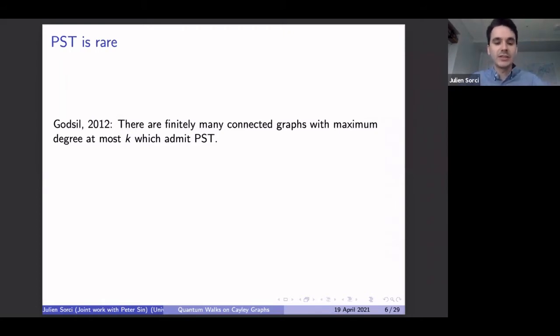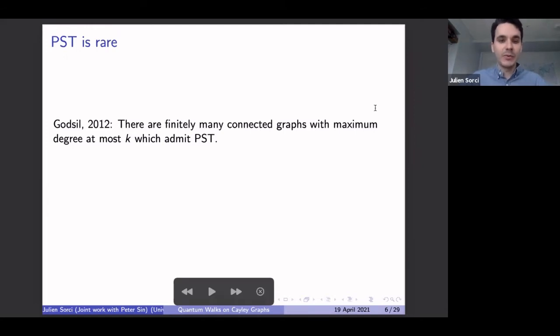So Chris Godsil showed that if I fix a positive integer k, then there are only finitely many connected graphs with maximum degree at most k, which admit perfect state transfer. So this means that once I bound the maximum degree of the graph, there are only finitely many graphs with that maximum degree that will admit perfect state transfer.